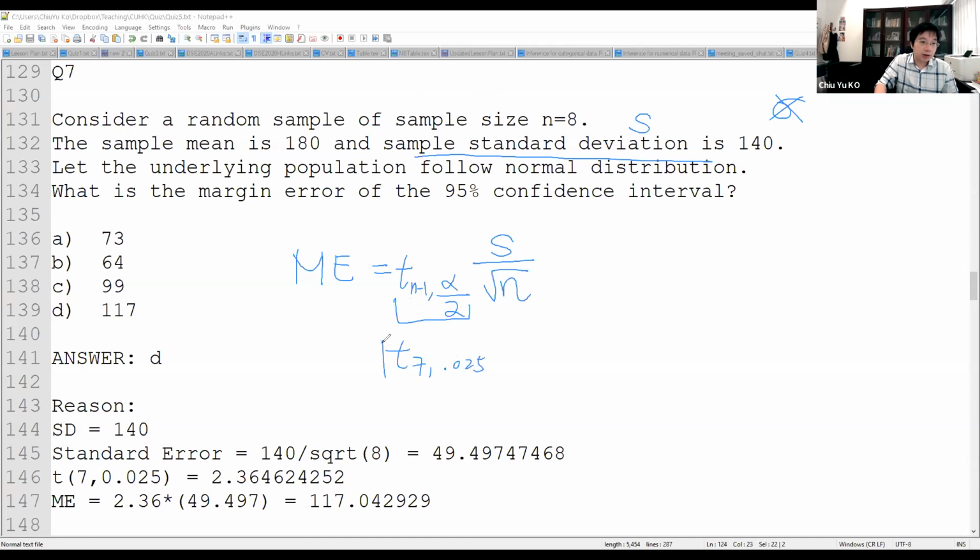0.025. If you use Excel, it will be T.INV of 0.975, degrees of freedom 7.